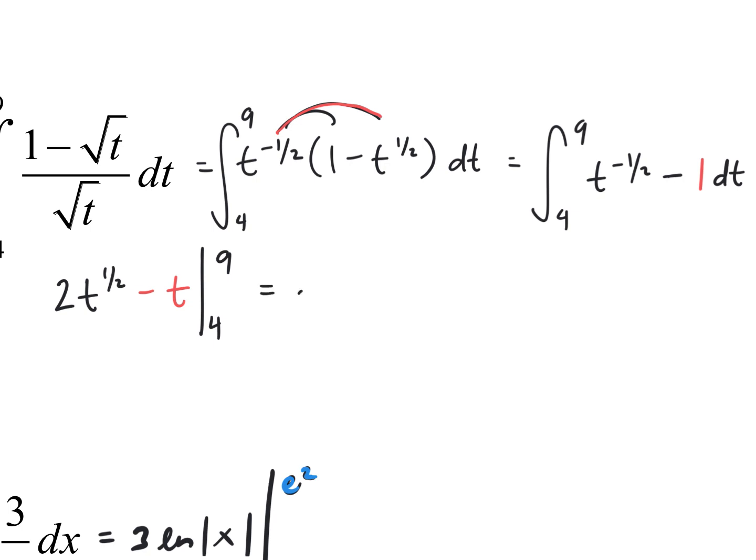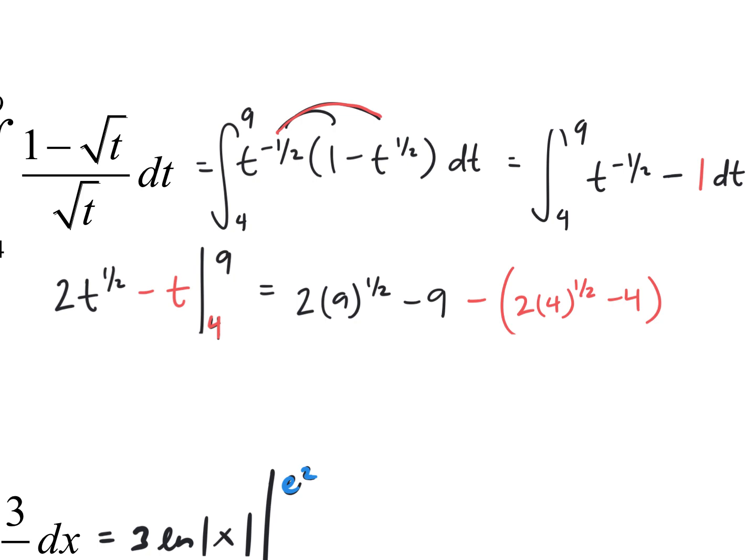Okay, so when I plug in 9, I get 2 times 9 to the 1/2 power minus 9. And then if I evaluate it at 4, I'm subtracting this entire quantity of 2 times 4 to the 1/2 minus 4. Okay, always show your work if possible there.